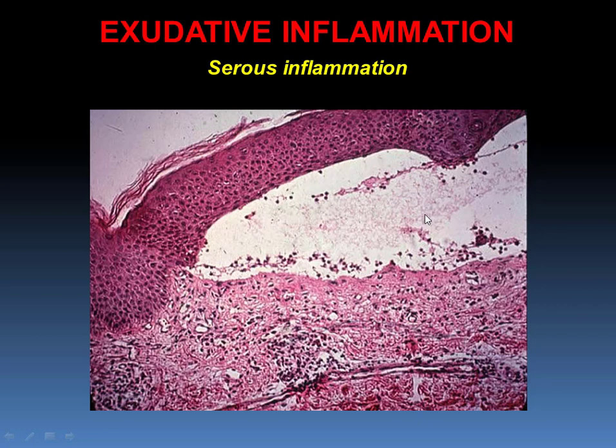First of all, it's fluid rich with some particular proteins. They have eosinophilic appearance, pinkish in color, and some inflammatory cells and cells from the damaged tissue. In inflammatory exudate, lymphocytes usually predominate over the other inflammatory cells.